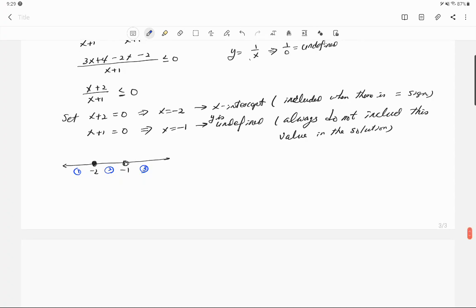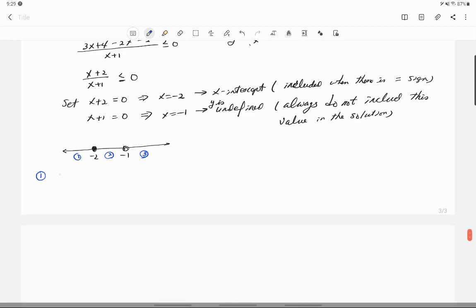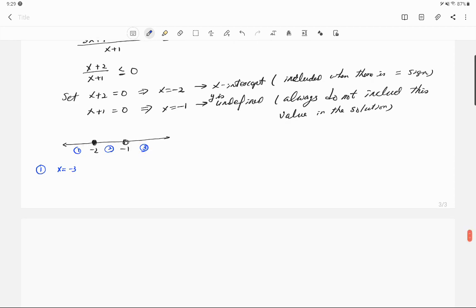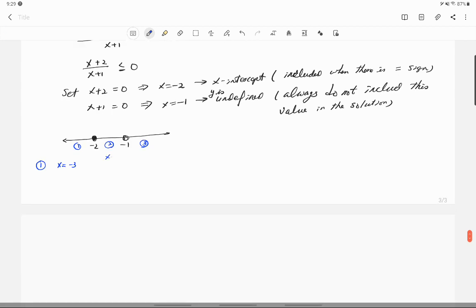For each interval, let's find whether y is positive or negative. For interval 1, let's use x equals -3, because -3 is less than -2. The expression is (x plus 2) over (x plus 1), and it should be less than or equal to 0.